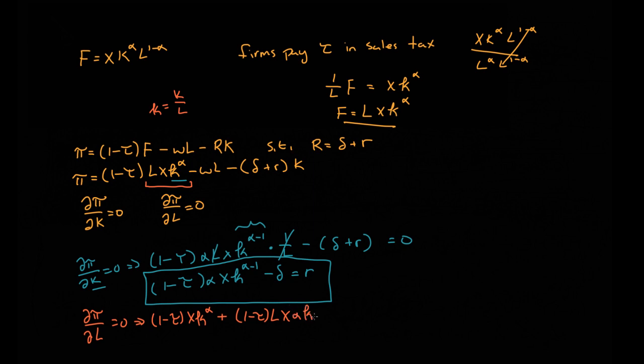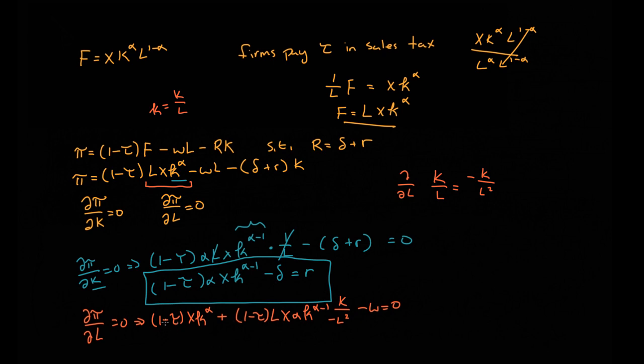Alpha K alpha minus 1. Now inside K, this K over L, we need to take the derivative of this with respect to L, which is going to be equal to K over L squared, and that's negative. So on the end of that, we added K over L squared negative. And then minus w equals 0.